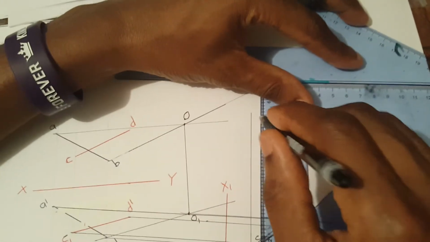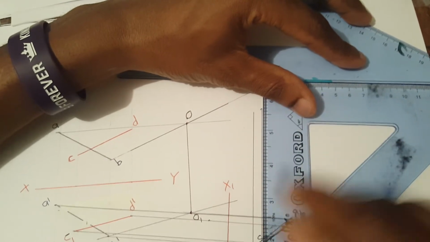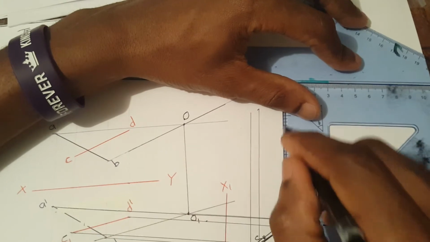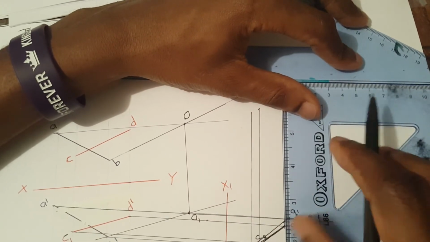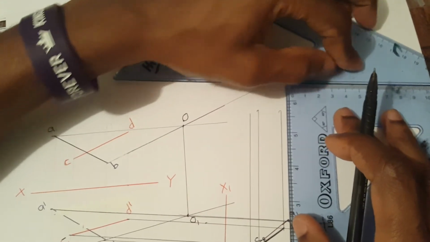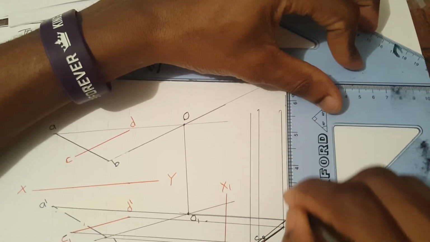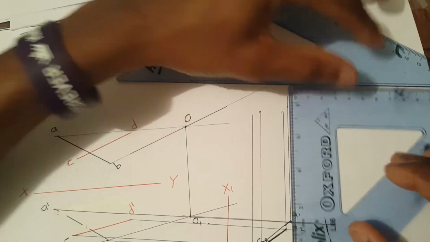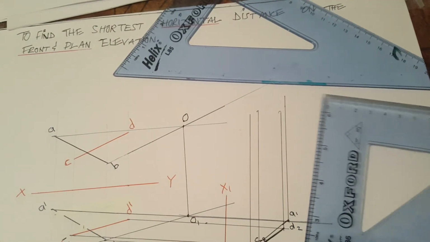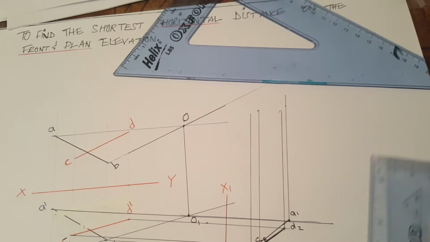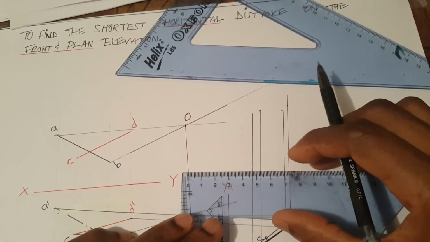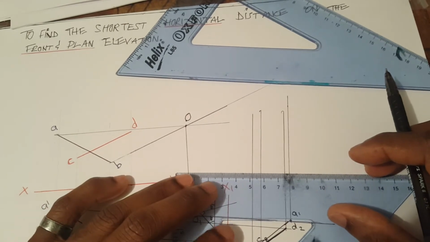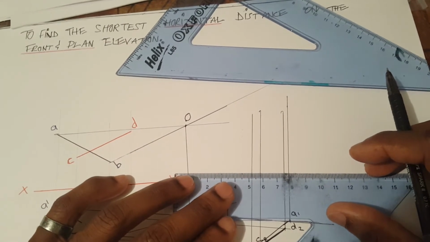We draw parallel lines through these points. Our next step is to establish a horizontal line here, our auxiliary plane.